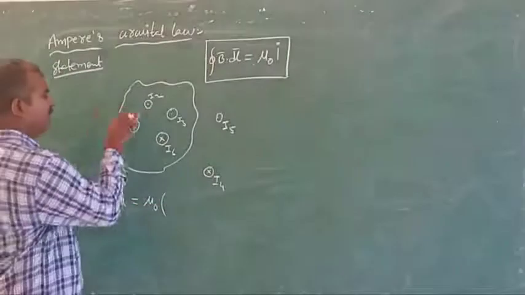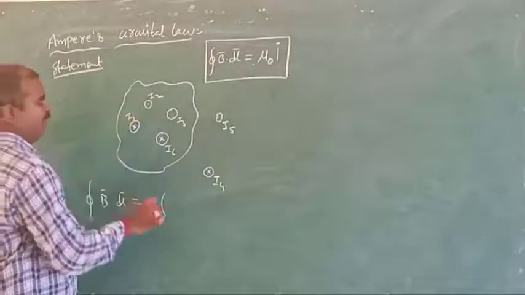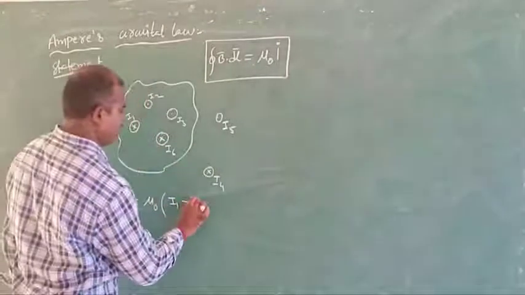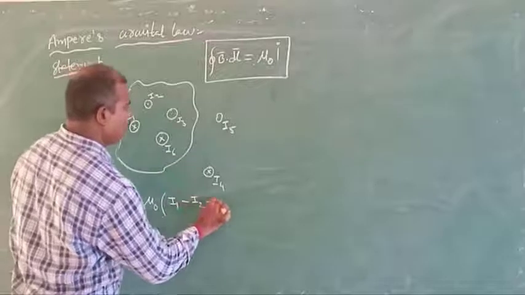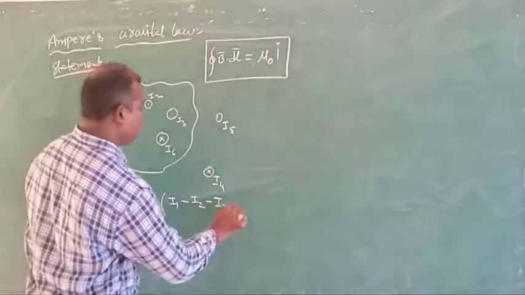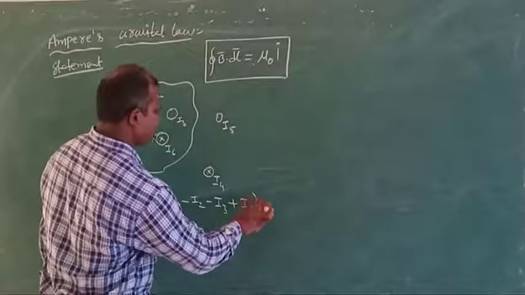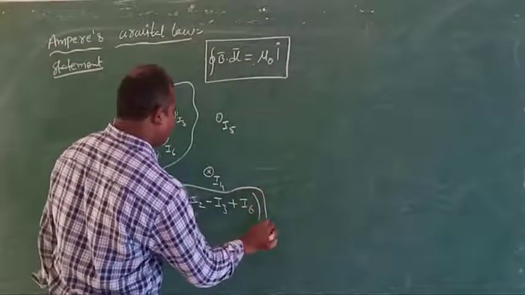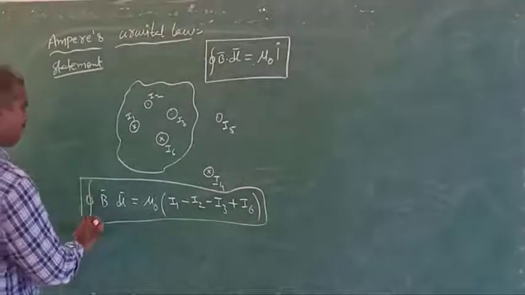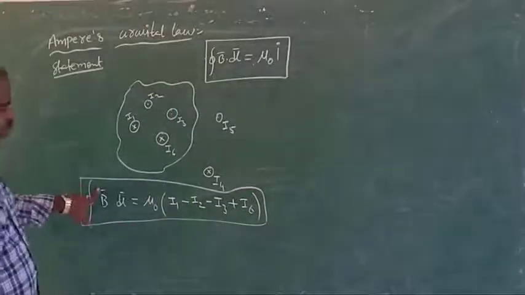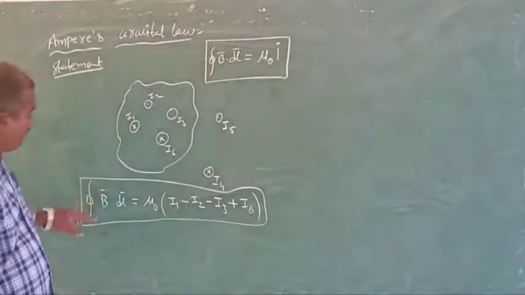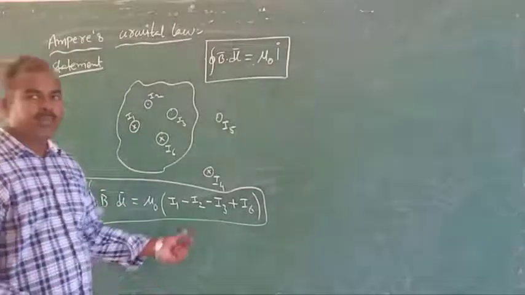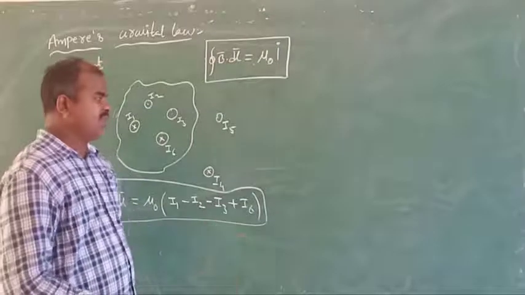Inward current is I1, outward current is minus I2, this is also outward current minus I3, plus I6. So integral B dot dl is equal to mu naught (I1 minus I2 minus I3 plus I6).